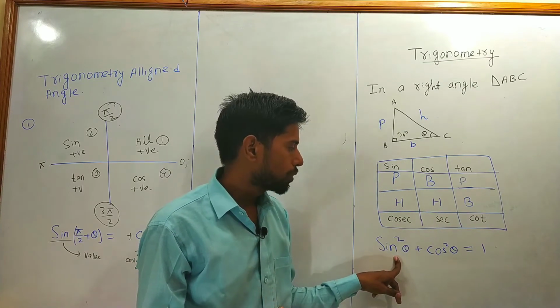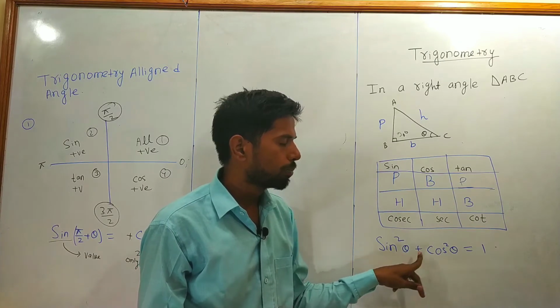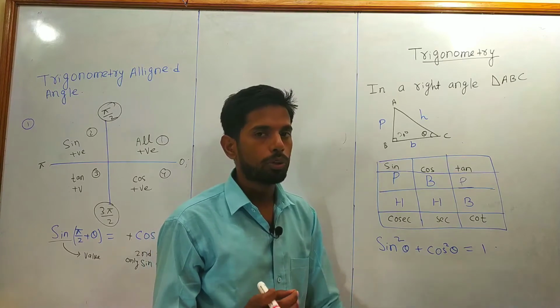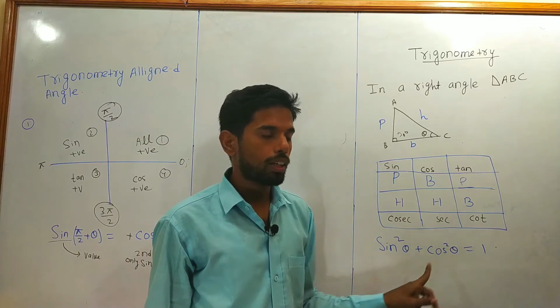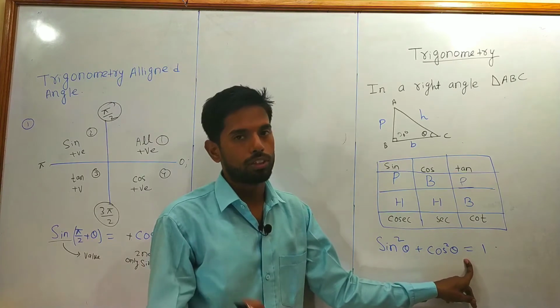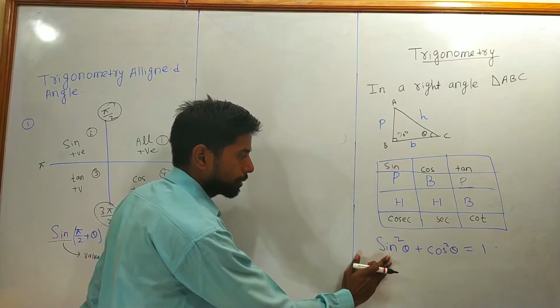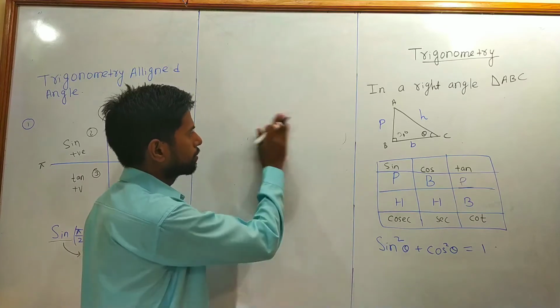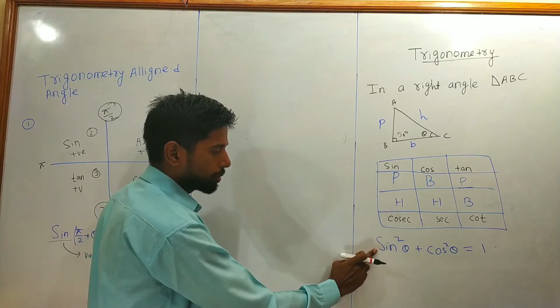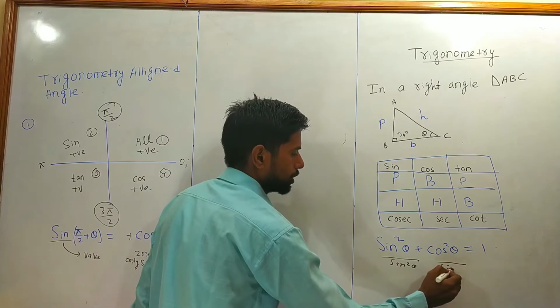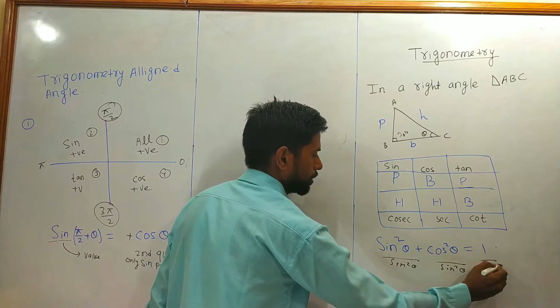In mathematics, you are going to learn the proof of this formula. I am not going to prove this formula. I am going to tell you the use. You will find the use of this relation in physics. So if you divide this equation by sin square theta, what will you get?